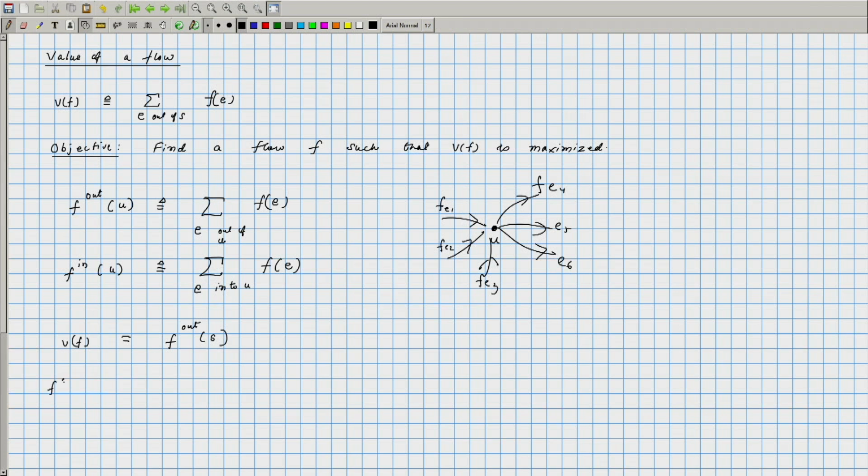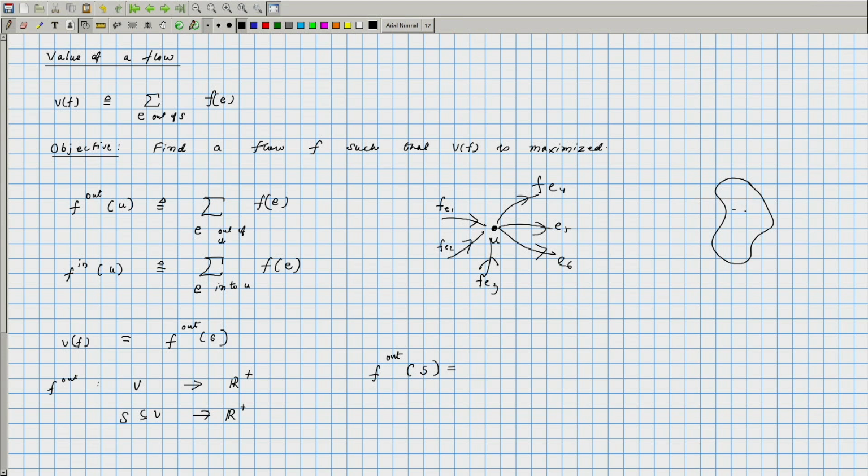So, f out was a function from vertices to real numbers. Now, we can extend it as functions from subsets of vertices, S subset of V to R plus, in a natural fashion. So, f out of S would be, so this is a set of vertices.